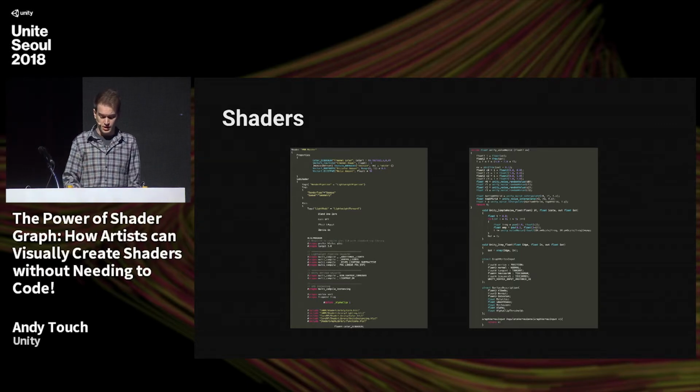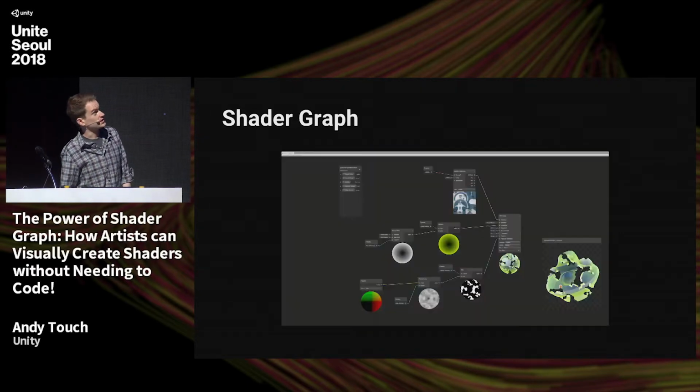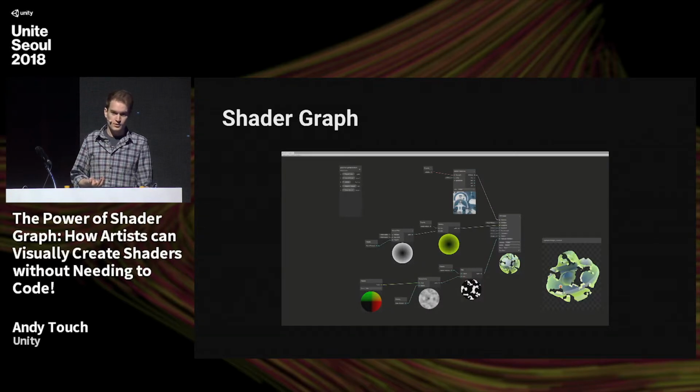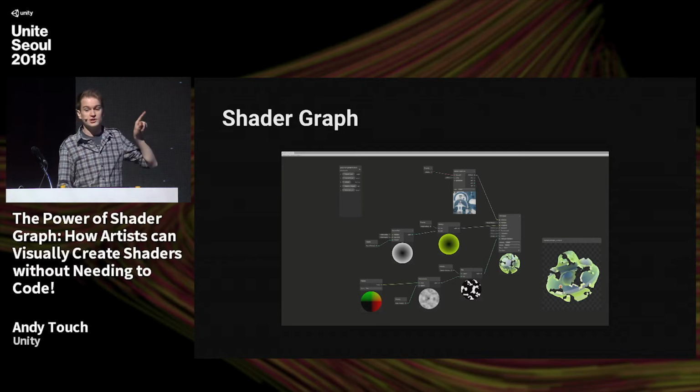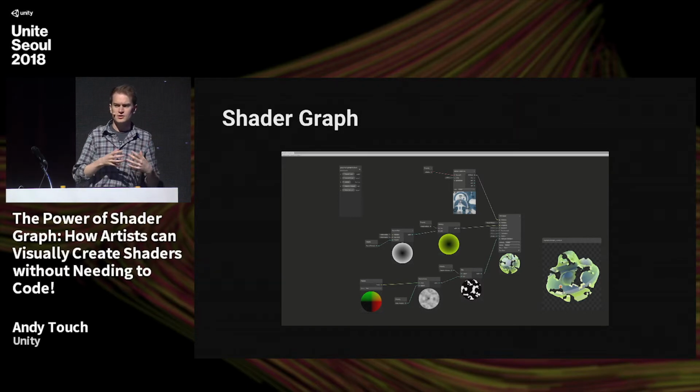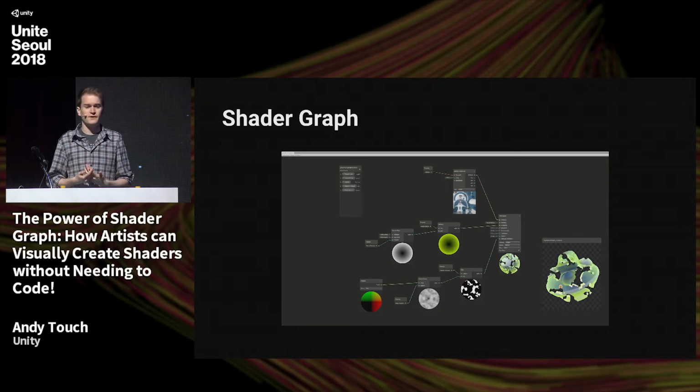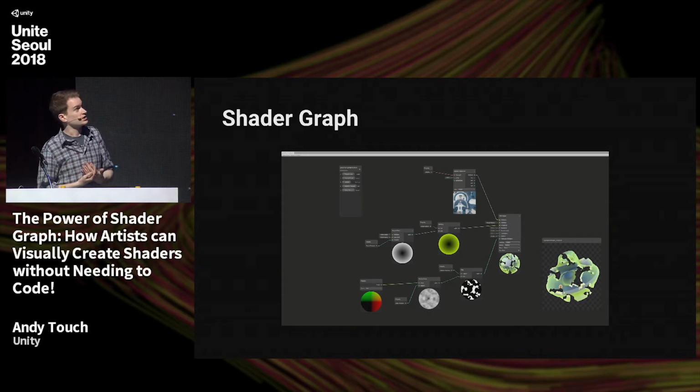So we addressed that by creating a tool called Shader Graph. And Shader Graph is available in Unity 2018.1. The interesting thing here with Shader Graph is we try to make creating shaders and creating visual effects as visual as possible.